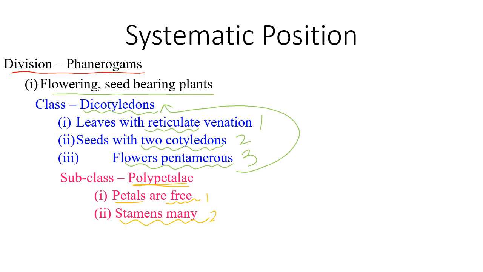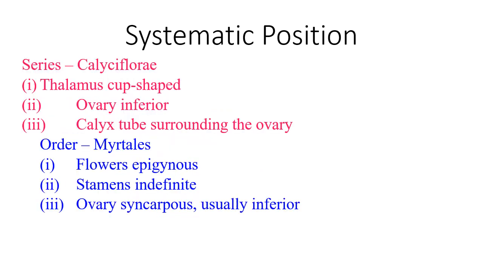Because of these 1 and 2 reasons, the subclass is polypetalae. Then the series here is Calyciflorae, and the reasons behind that are the thalamus is cup shaped, ovary is inferior, and calyx tube is surrounding the ovary. These are the 1, 2 and 3 reasons for series Calyciflorae.